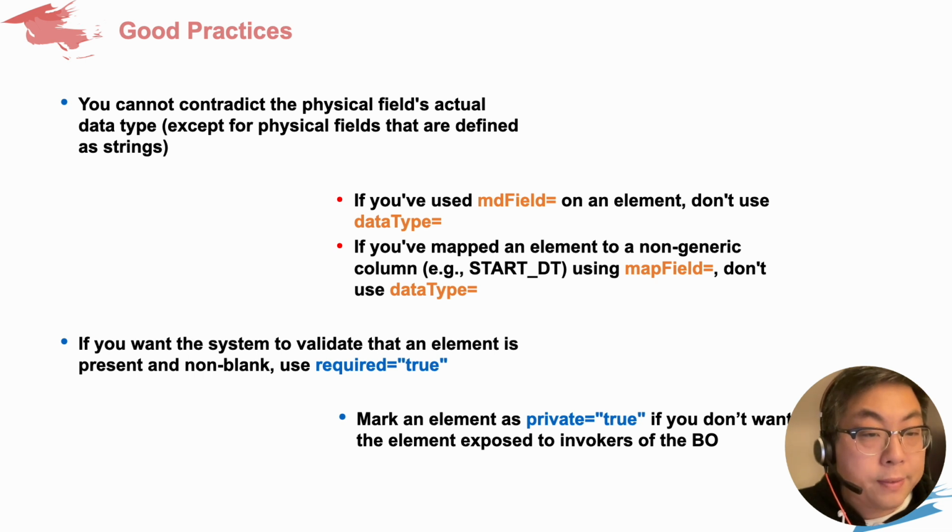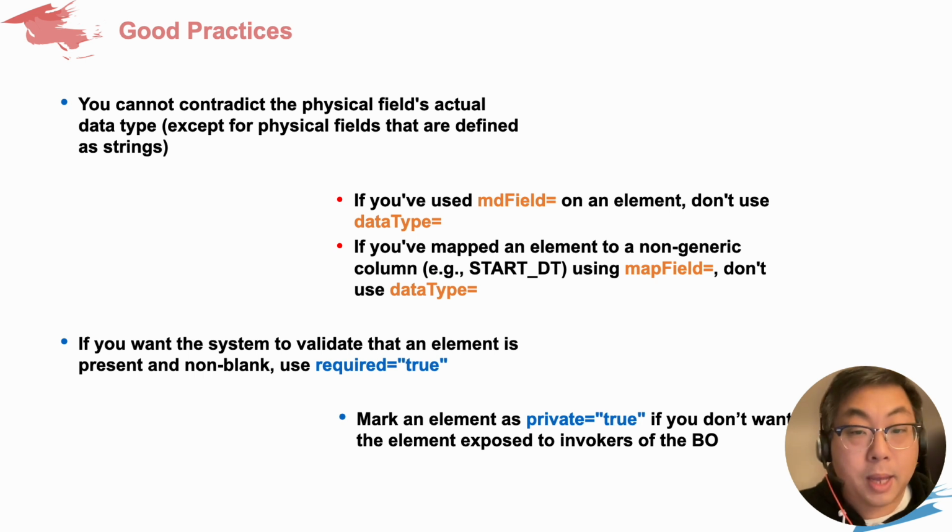And number 5, marking an element as private equal to true means you don't expose this to the BO. Okay, so this is a very interesting feature, because sometimes some of the fields you still want to map when you are writing a record, but you don't want to show them on the screen.